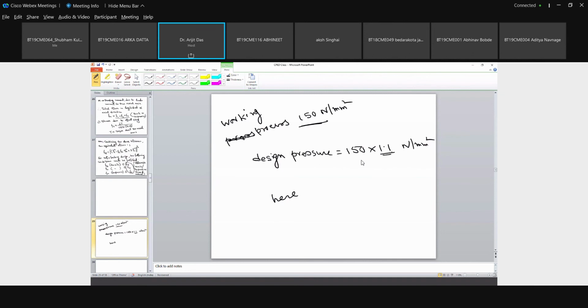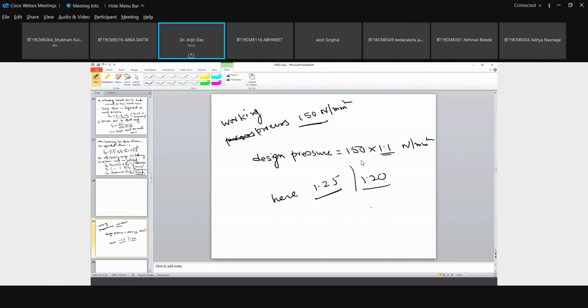If it is a very corrosive fluid or very high pressure operation, then this factor of safety may be 1.25, also 25% more, maybe 1.2, depending. If it is mentioned in your problem, you will take that value.